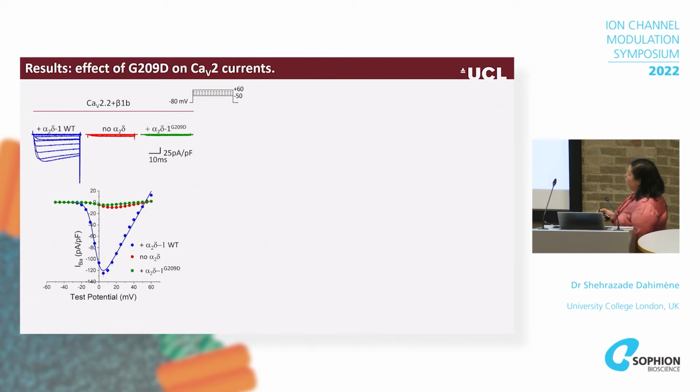We used this stimulation protocol, and you can see in the presence of wild type alpha2delta-1, we can see a nice increase in the function of CaV2.2 compared to no alpha2delta, and this was absent in the presence of the mutant alpha2delta-1. And this is also clear in the IV curve.